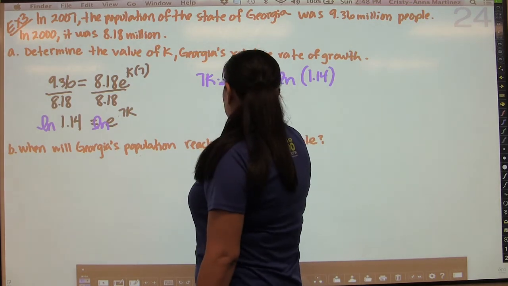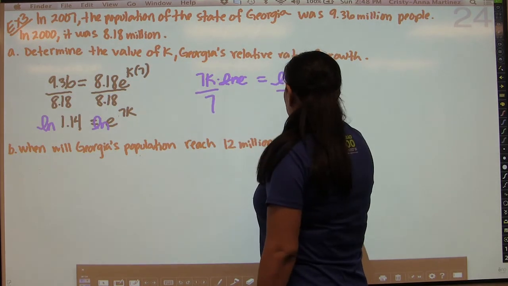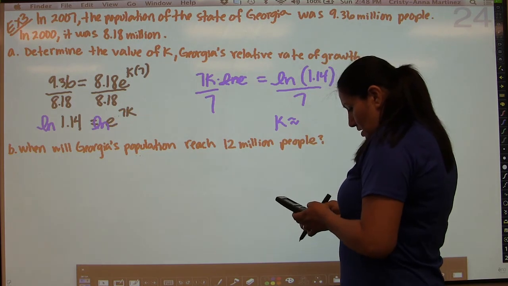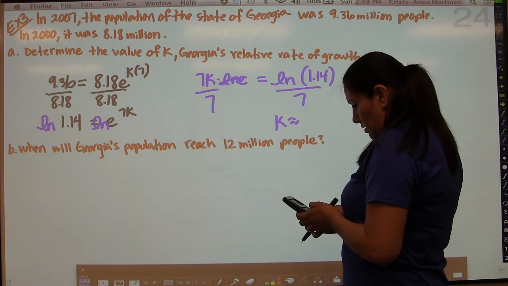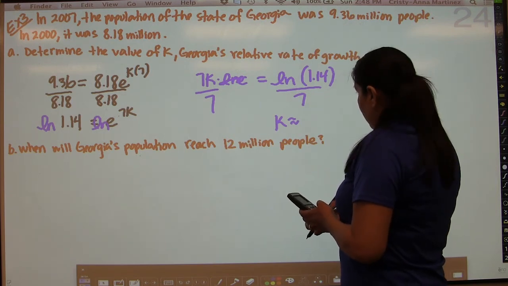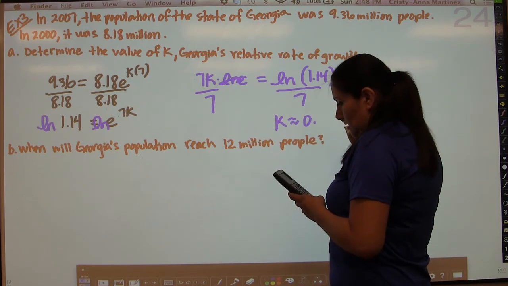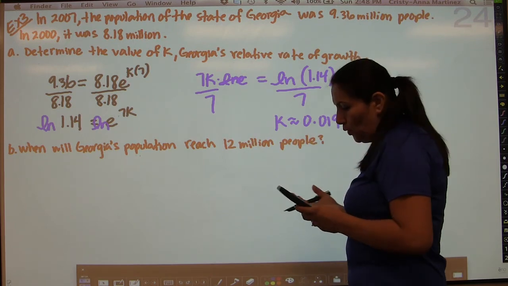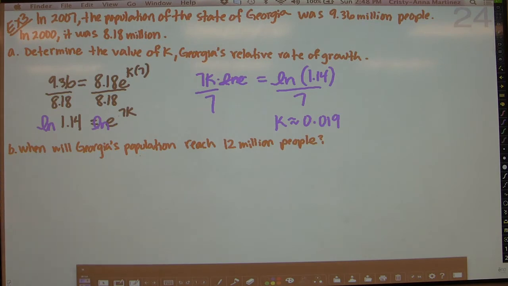All right, but of course ln e cancels, and so you get 7k equals ln 1.14. Divide both sides by 7. So our k value is the natural log of 1.14, and then divide that by 7, and we get 0.019 or 0.02. So let's just leave it at 0.019.